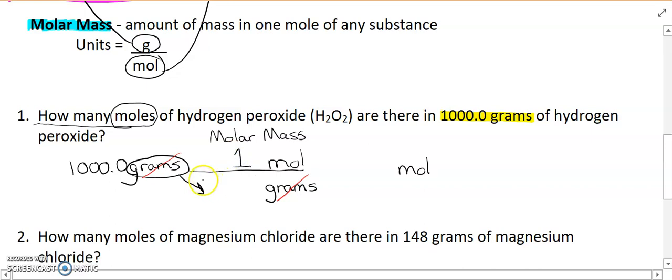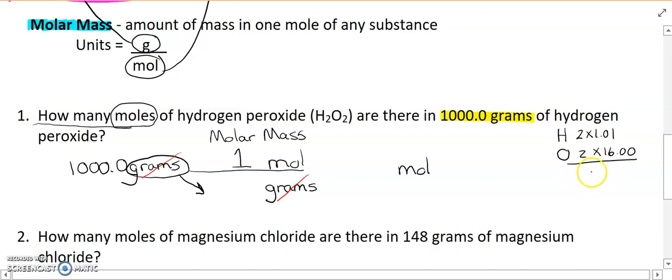And that really only leaves one place for me to fill in, and that's going to be the molar mass of H2O2. This is where my periodic table comes in. So I have 2 pieces of hydrogen at 1.01, and I have 2 pieces of oxygen at 16.00.